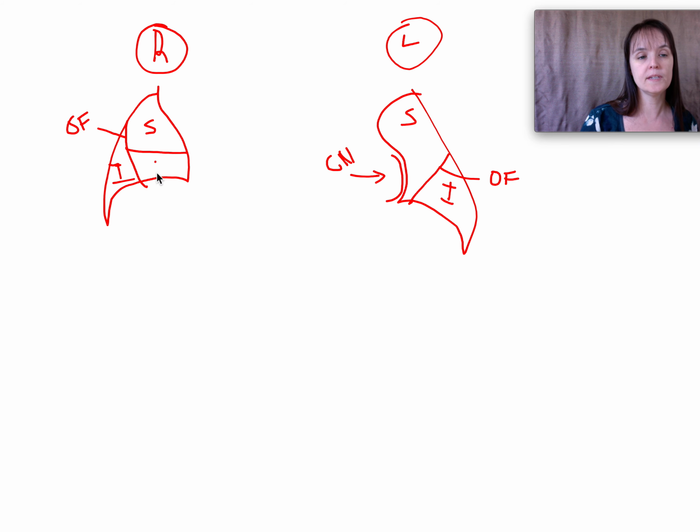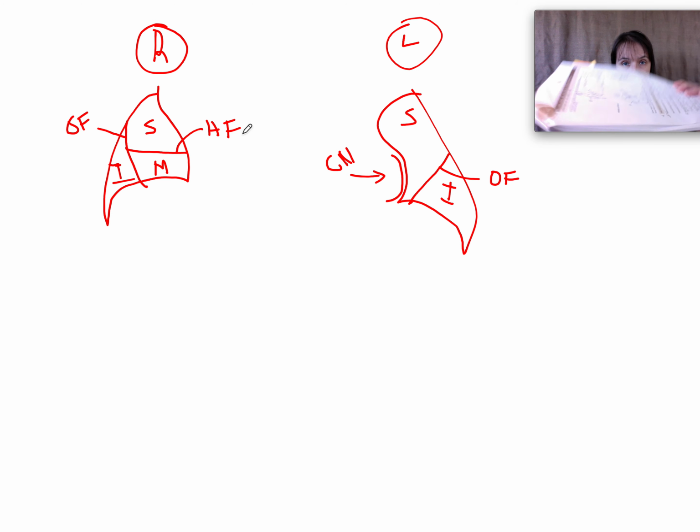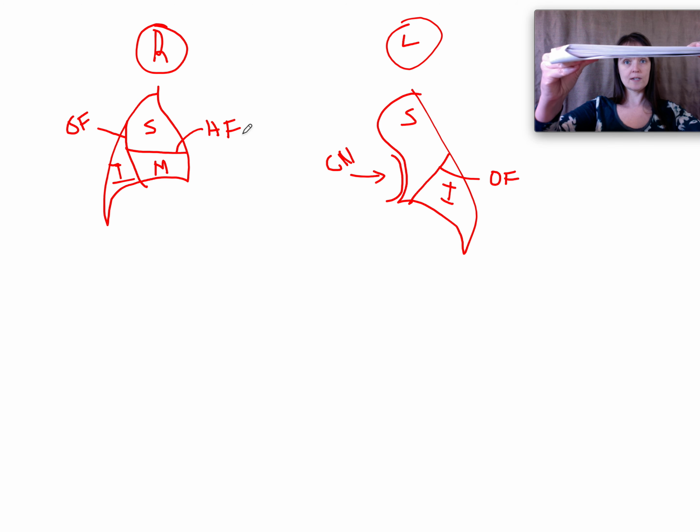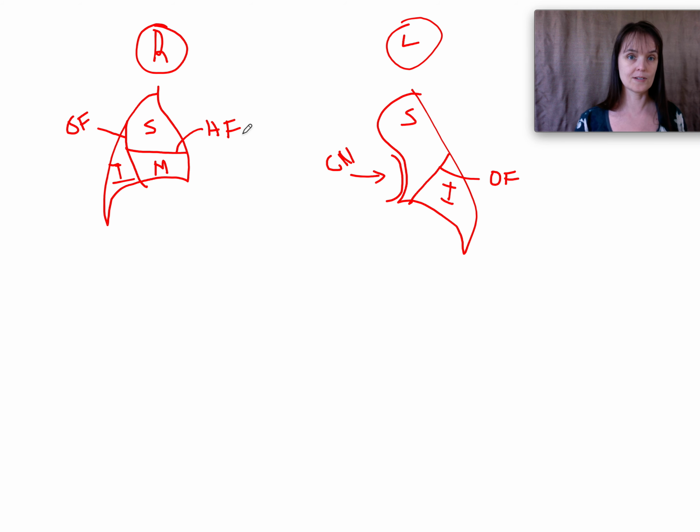But now in the middle we have a middle lobe. They got real creative when they named these. And the superior lobe and the middle lobe are separated by the horizontal fissure, which is in fact horizontal. What is the horizon? The horizon is where the sky meets the sea. And it's horizontal. Okay, so that is horizontal.